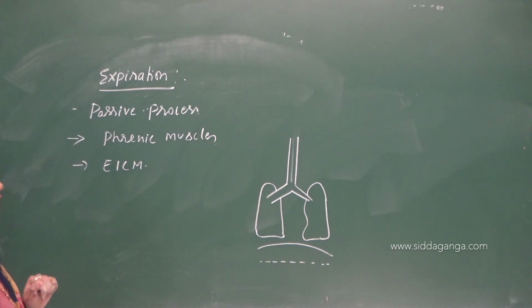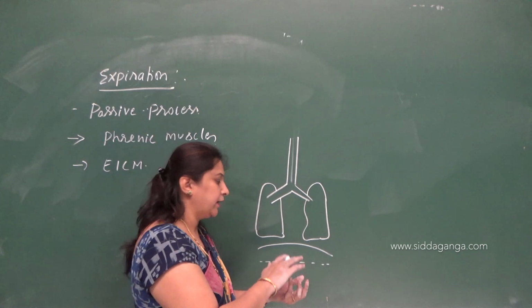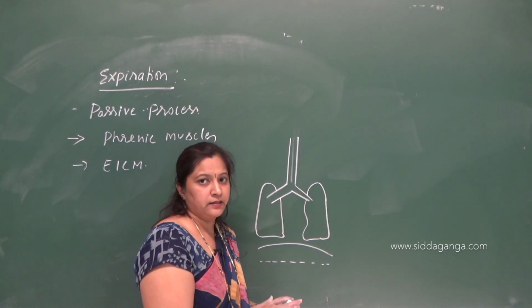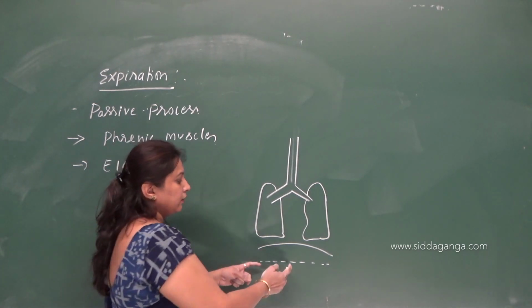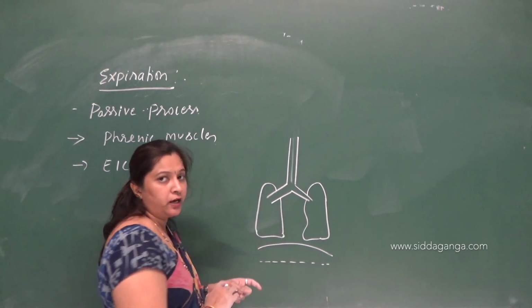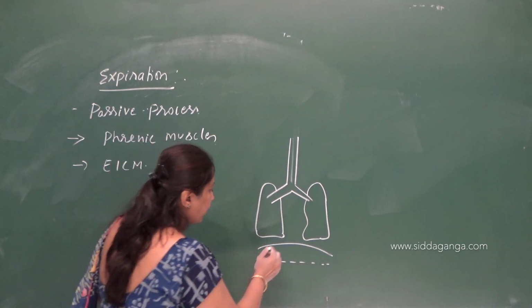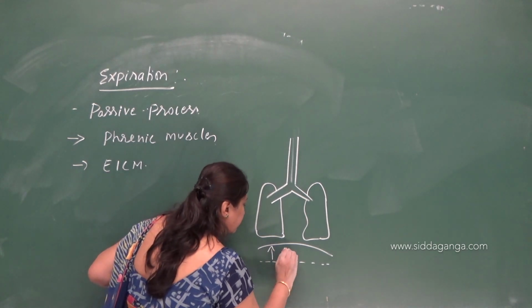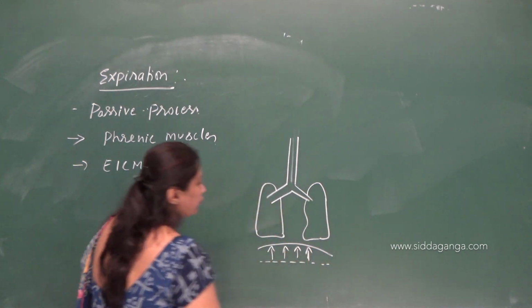During expiration, the phrenic muscles of the diaphragm relax. Due to the relaxation of the phrenic muscles, the diaphragm will come to its original position. Earlier, during inspiration, it had become flat. Now it regains its original dome shape.